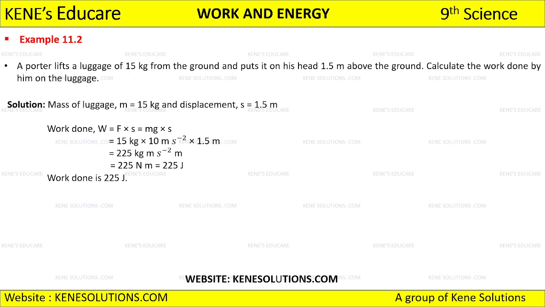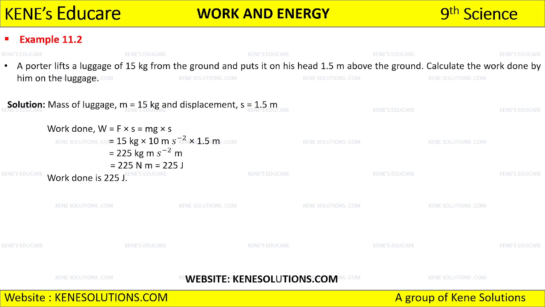You can get this kind of numericals in your exam as well. But the one that has been given over here is very easy because they have given you the mass and the displacement, and you know that work is equal to mass into displacement, right? So you'll feel it is easier because it's a very direct question.